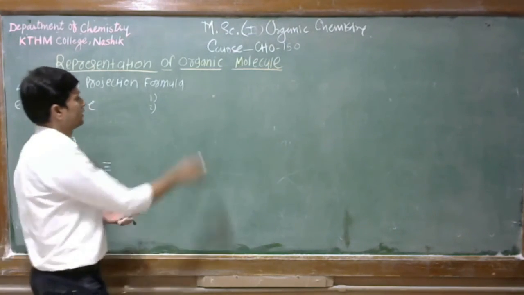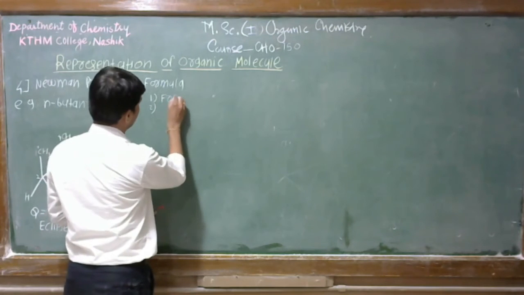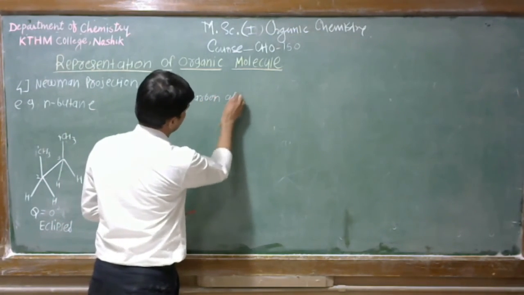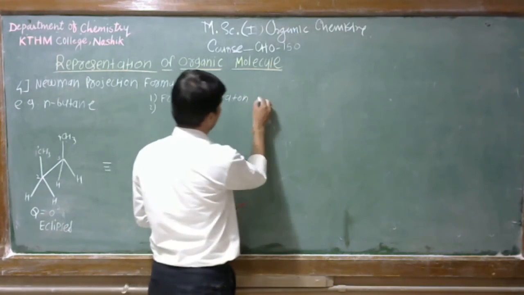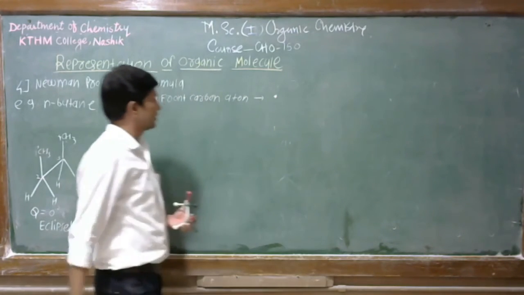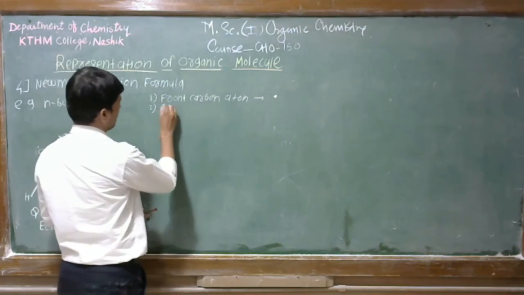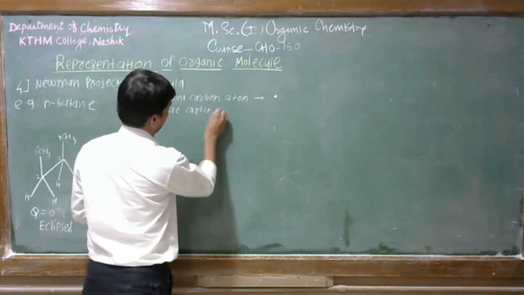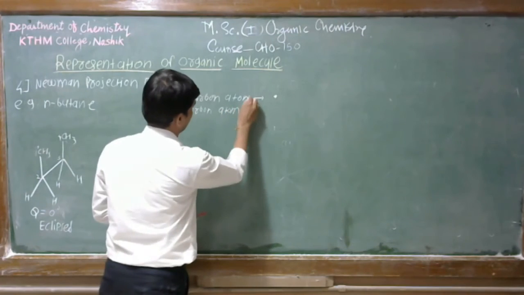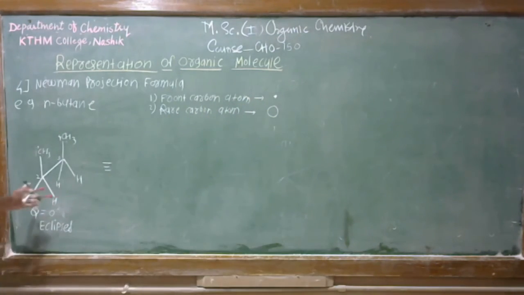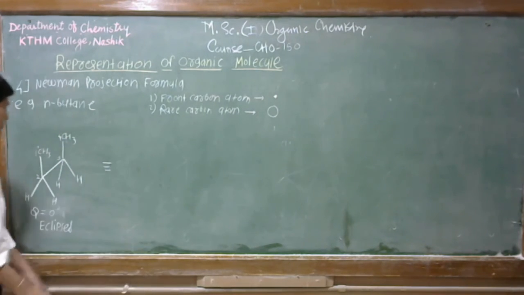In the first point, the front carbon atom is shown by the dot, and the rear carbon atom, that is the back carbon atom, is shown by the circle. So therefore we can convert this Sawhorse projection formula into the Newman projection formula.